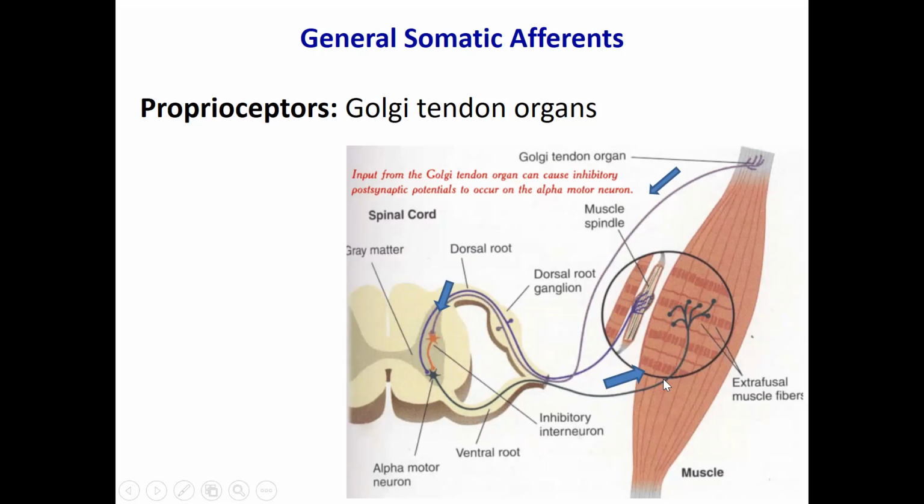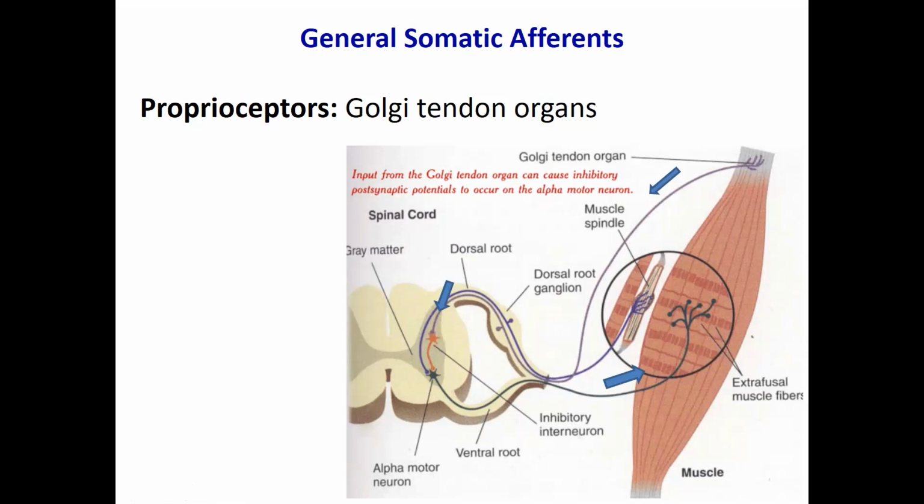So when there is a stretch on the muscle and it is sensed in the Golgi tendon organs, they send information to the spinal cord, and through the inhibitory neuron, the alpha motor neuron sends the message for the skeletal muscle fibers to relax. Inhibitory means it inhibits the contraction of the muscle, in the simplest form.